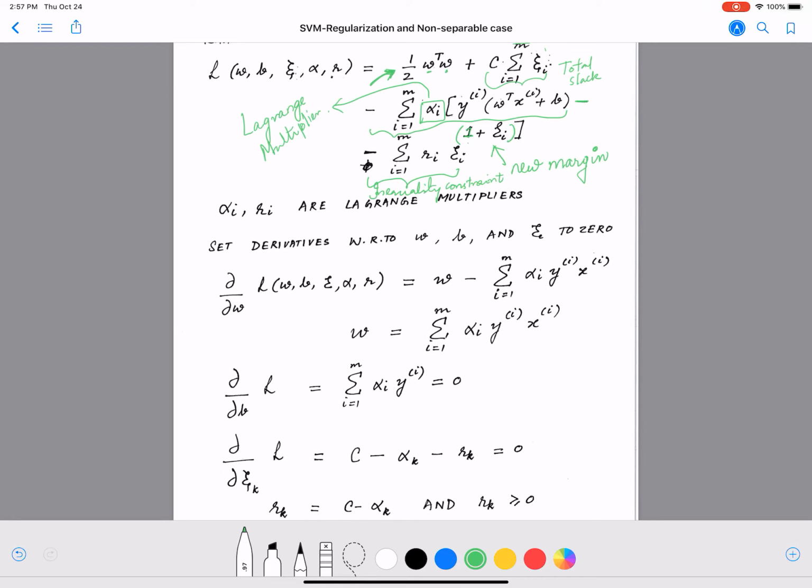And when we have a new margin with the slack, for all points we have a new margin, except that for some points psi I can be equal to 0. For some other points psi I is greater than 0, right? So this is no slack, and for this there is some slack.